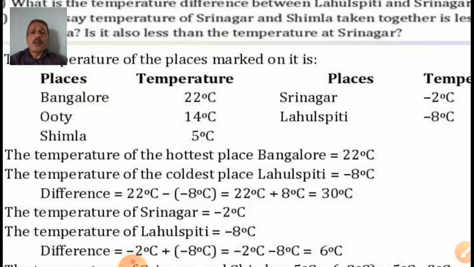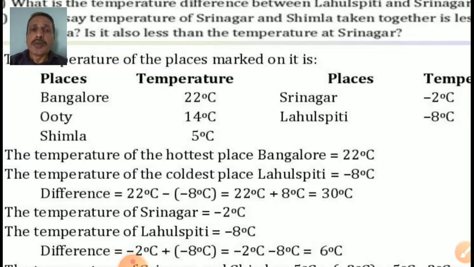Now, what do they ask us, the temperature difference, how much? So students, what do we have to do? We have to subtract the coldest from the hottest. The hottest temperature is 22 degrees centigrade and the coldest is -8.